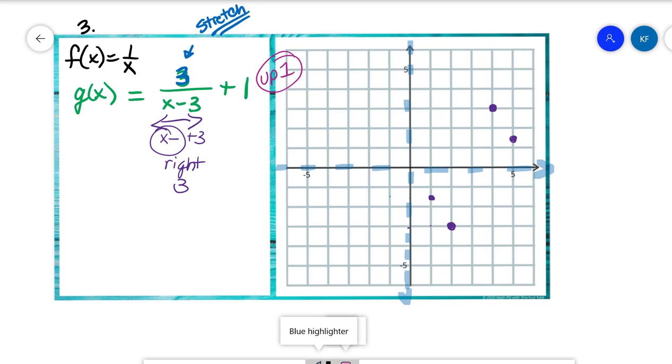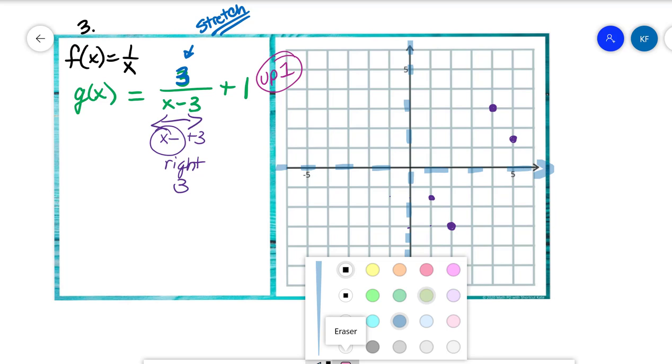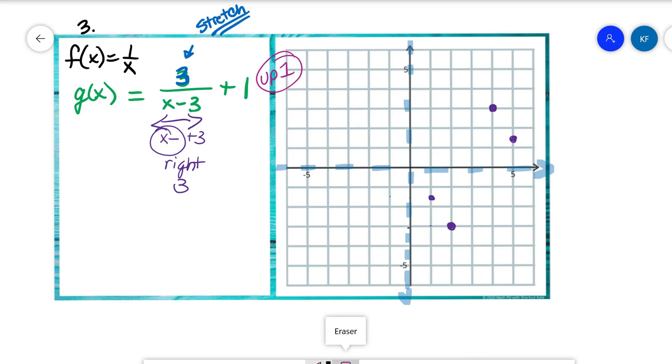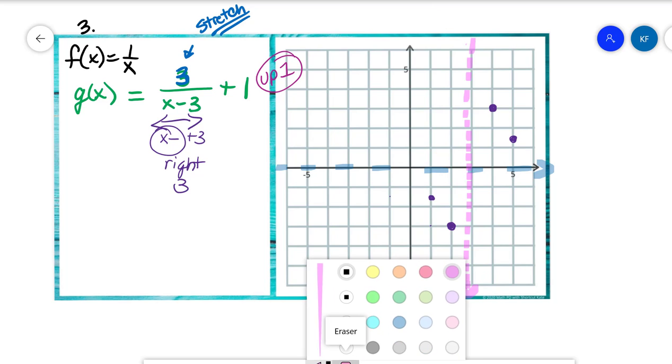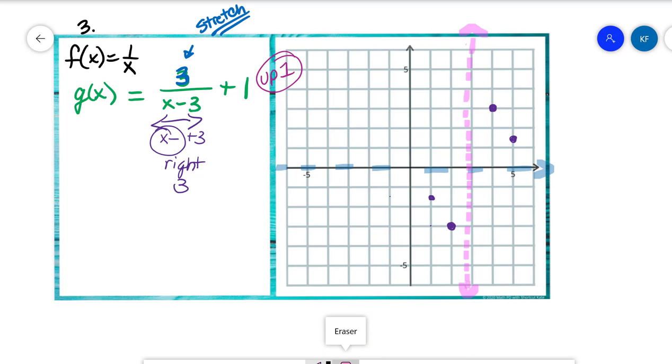Okay, now I have to move the asymptote also over 3, just like the last example that we did. So I'm going to move it 1, 2, 3. And I'm going to get rid of the asymptote we no longer need. All right, and then finally, we're going to take everything and move it up 1.